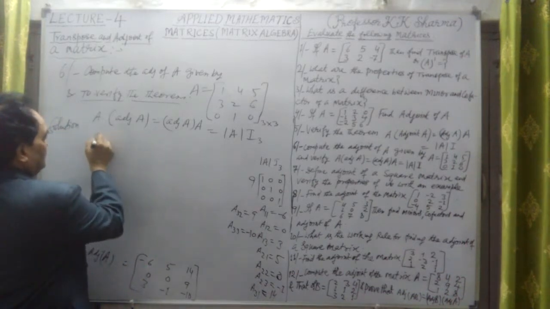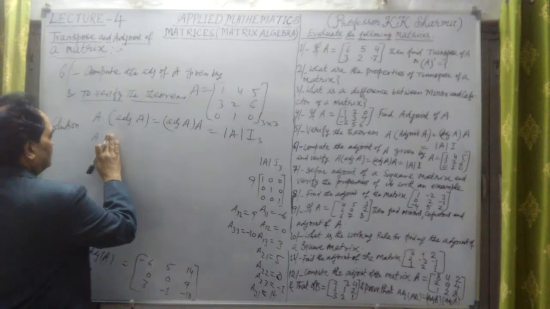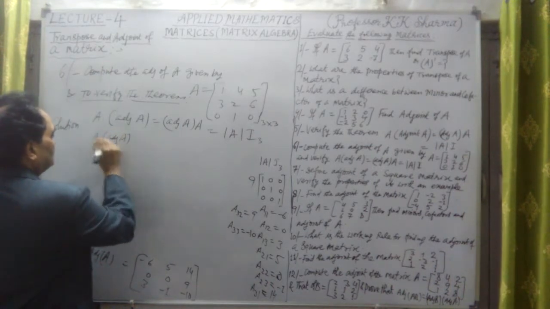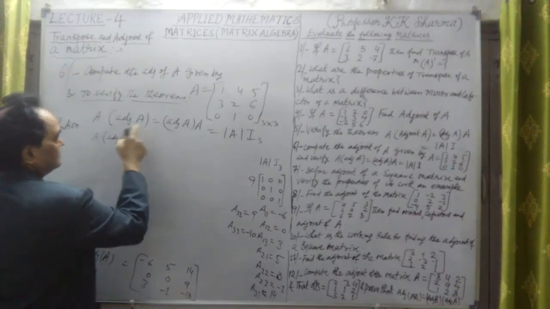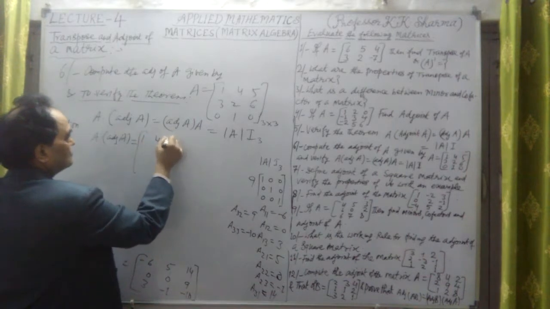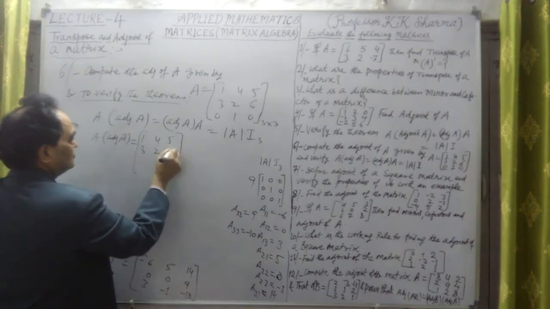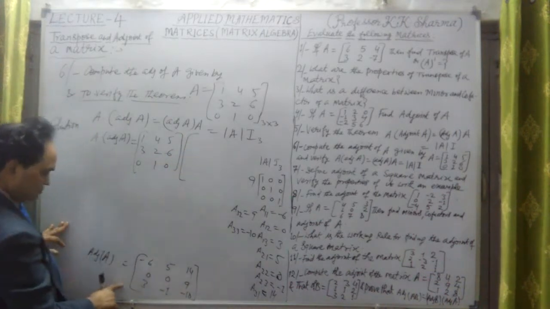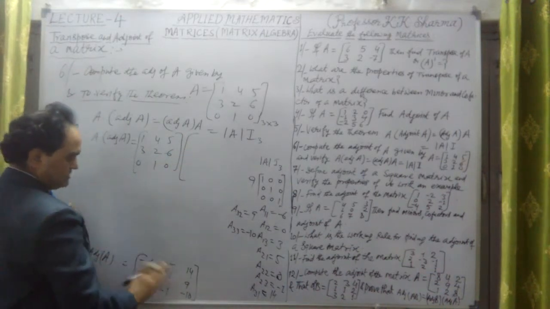Okay, therefore A into adjoint of A, let me write in bracket. A is 1 4 5, 3 2 6, 0 1 0, into adjoint of A, which we keep as it is.